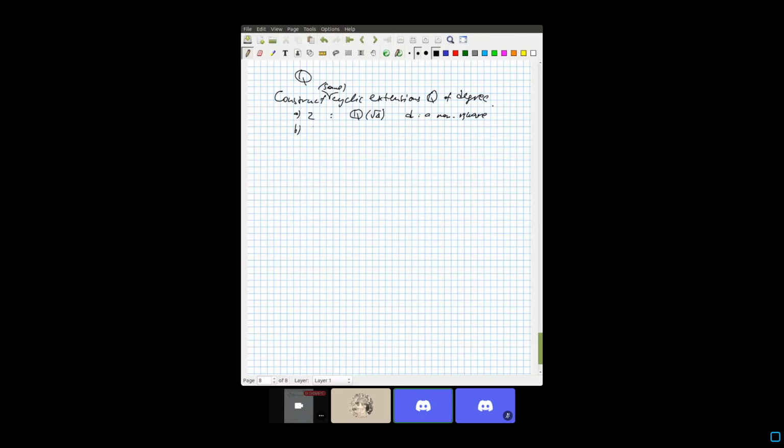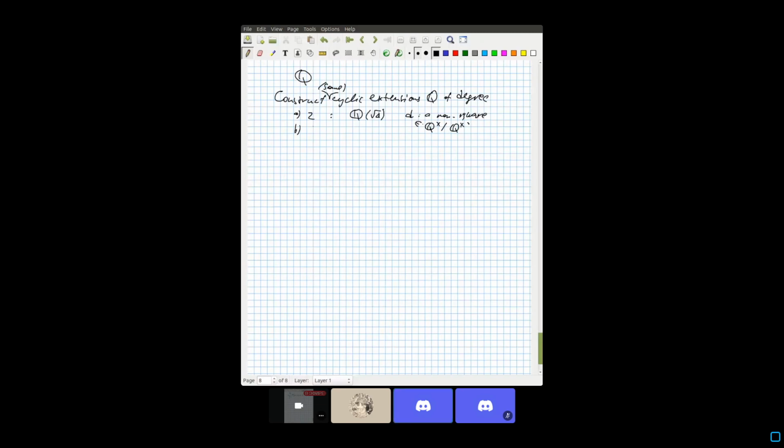And actually, we may say that if we multiply D by a square, then the extension will not change. So actually, we may think that this is an element of Q modulo the squares.